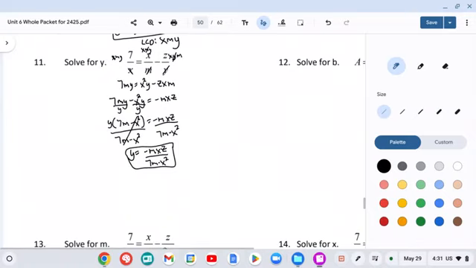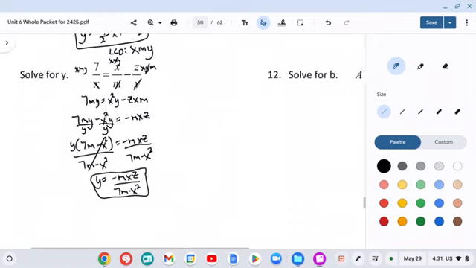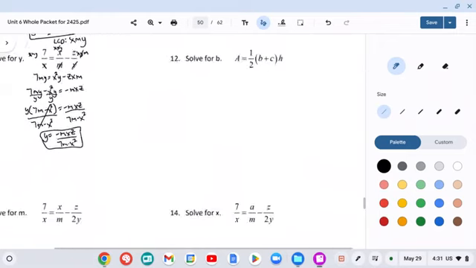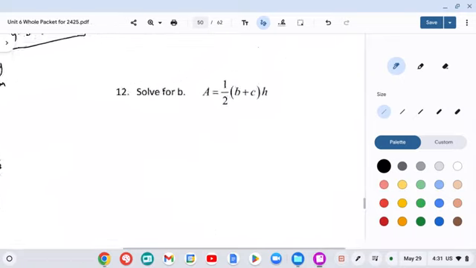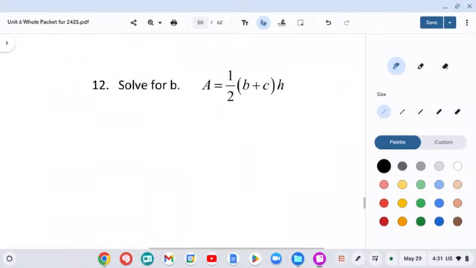I'm going to do one more. I'll do 12. And then 13, 14 is very similar to 11. So that way these notes don't go crazy. I'll just do those quick so you can press pause if you want to. All right, so this is asking you to solve for b. So if you were to get b by itself, you have to first distribute this half in. Oh, there's an h there. All right.